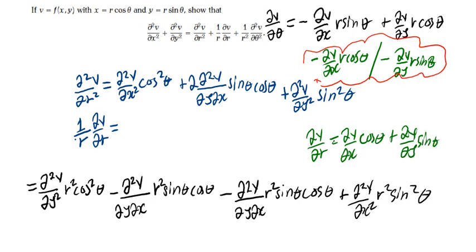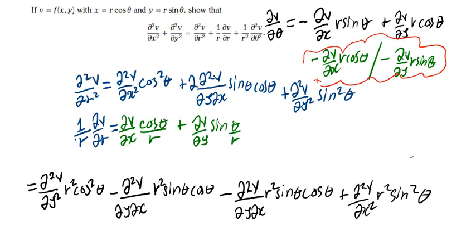If you multiply this by 1 over r, this ends up being partial of v with respect to x, then cos theta over r, plus partial of v with respect to y, then sine theta over r, like that. That's what we have.